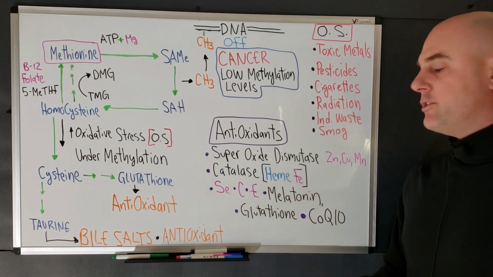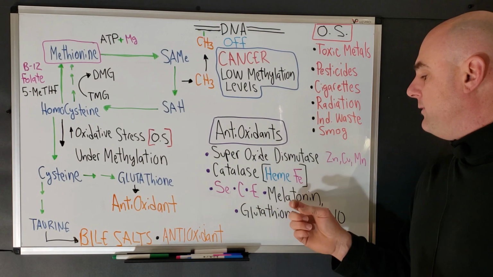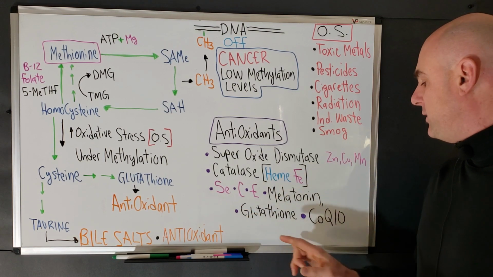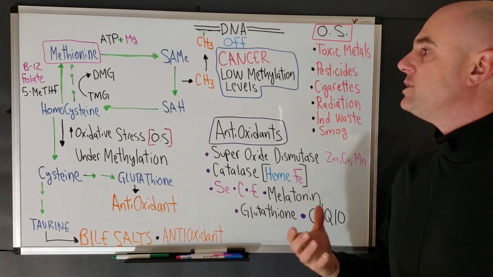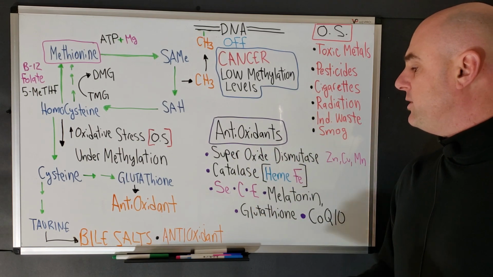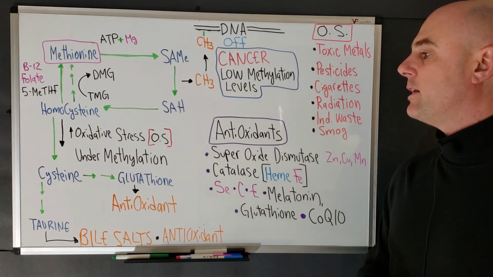A couple of other antioxidants I have on the board here are selenium, vitamin C, vitamin E, even melatonin has antioxidant properties in the brain. Glutathione, obviously, and then CoQ10. So here are just a couple of the antioxidants outside of these two enzymes on the board that I have as options to help reduce oxidative stress.